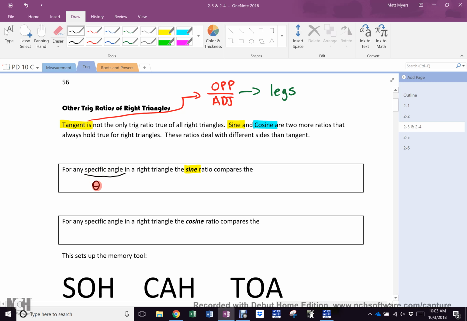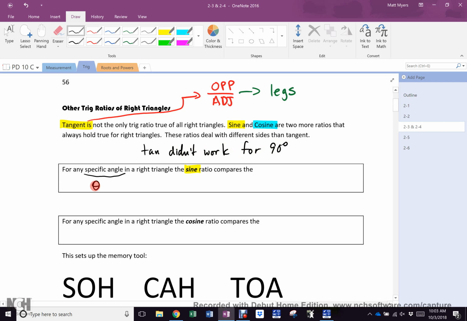Your theta. All right? Now remember, tan didn't work for the 90 degree. Okay? But sine and cosine do. So that's why we have to remember it is the theta about which we care.